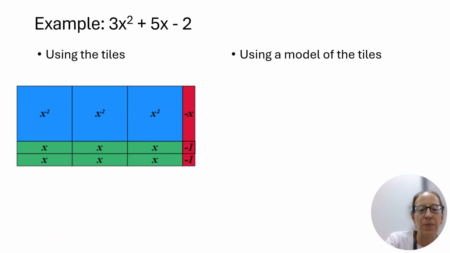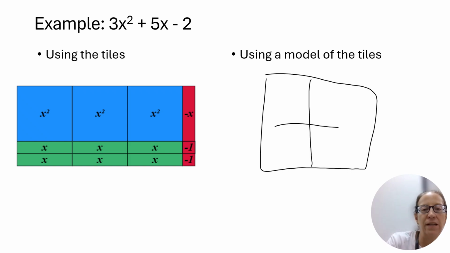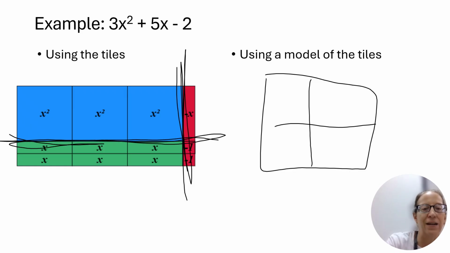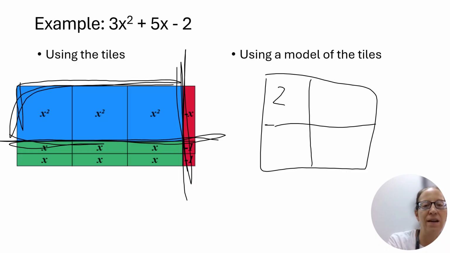Looking at this, now this one might be a little bit better. So we're going to, again, section this off, and we're going to group them by the different kinds of tiles that we have. In our upper left here, we have 3 of the x squareds.